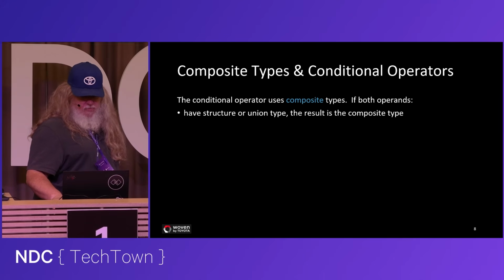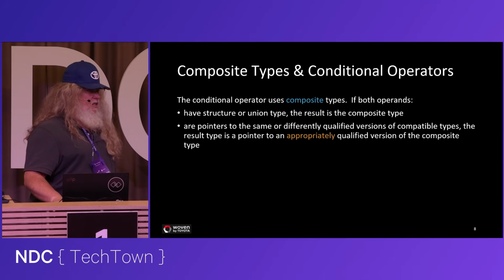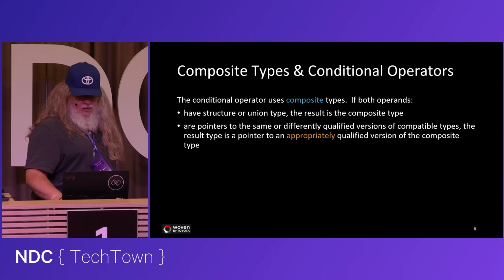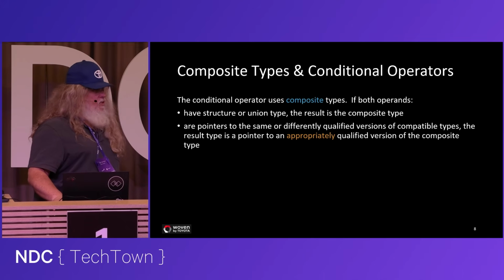If both operands have structure or union type, the result is the composite type. If they're pointers to the same or differently qualified versions of compatible types, the result type is a pointer to an appropriately qualified version of the composite type. Appropriate is one of those words I always highlight when I see it, because it's a standardization term, which means it's almost undefined, right?